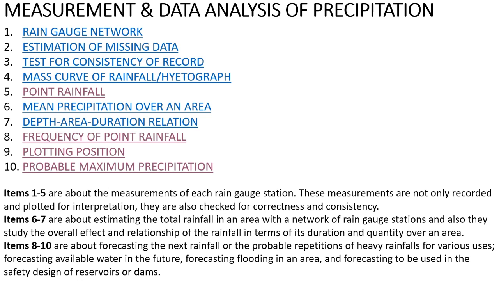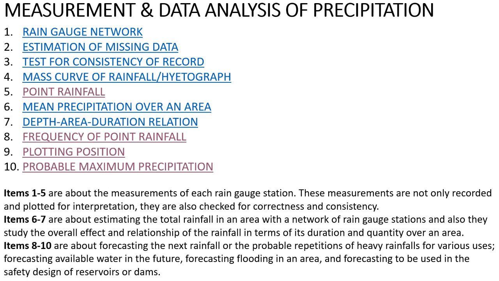And then ito, mass curve of rainfall. So each station, ginagawan siya ng mass curve or hyetograph. Doon ini-interpret yung mga datang nakukuha niya. Point rainfall. This is yung data gathered ng isang station lang.